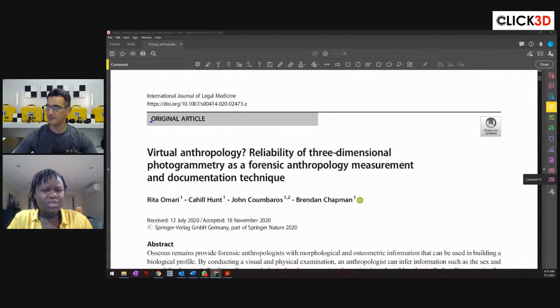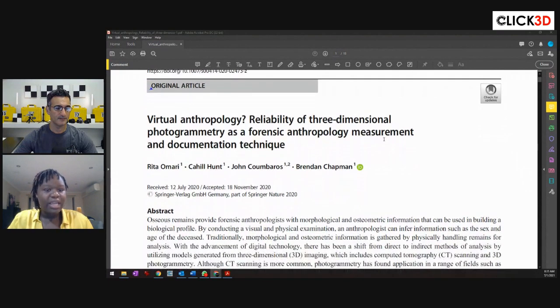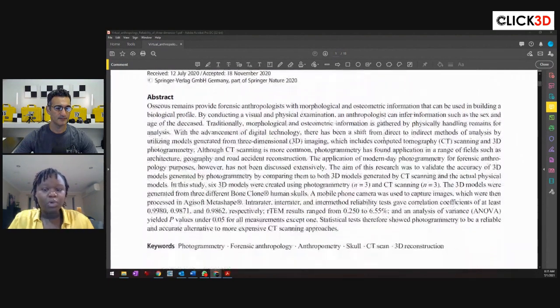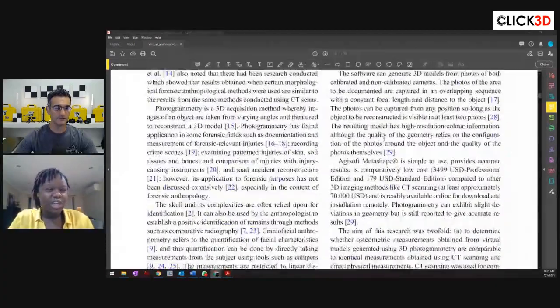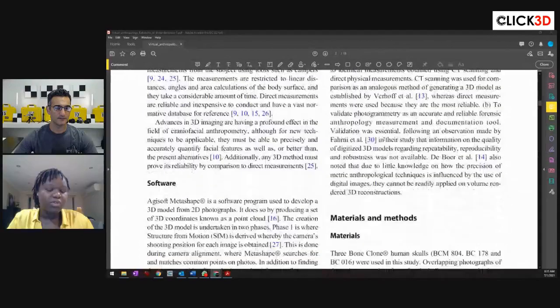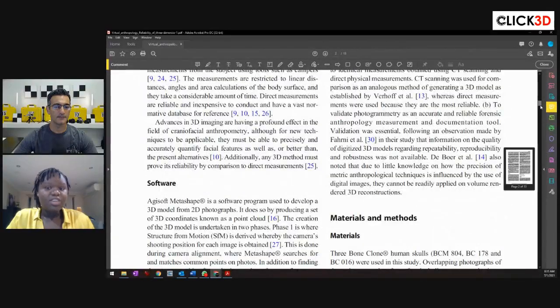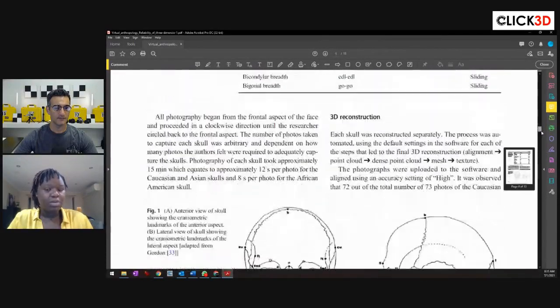Photogrammetry has already been used in crime scene reconstruction and matching wounds to the inflicting tools, but we realized that it hasn't really been used in the context of forensic anthropology. So that's what motivated our project.